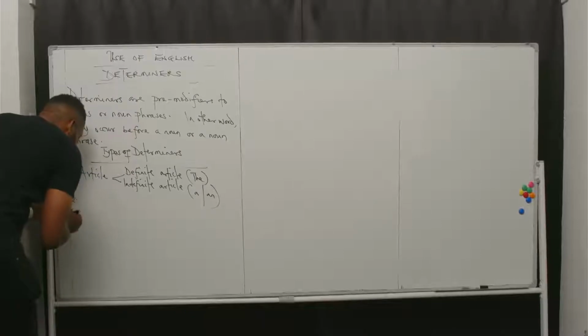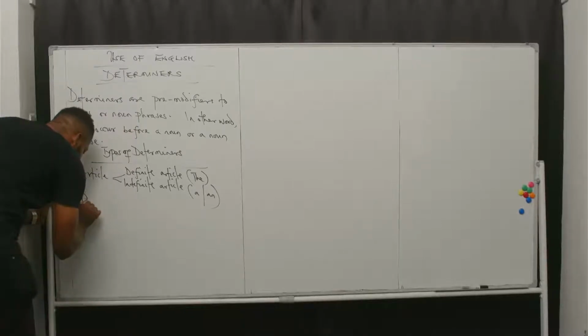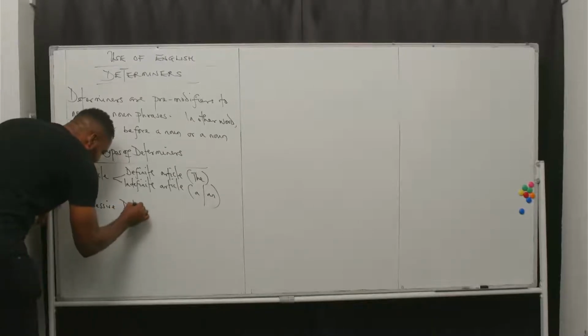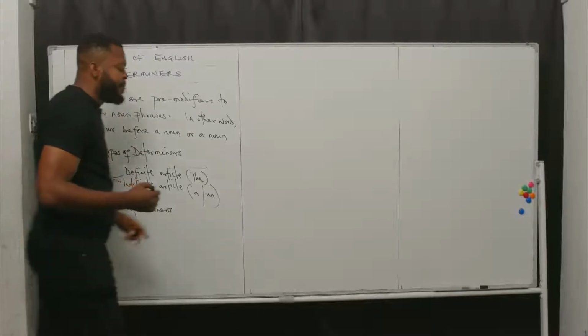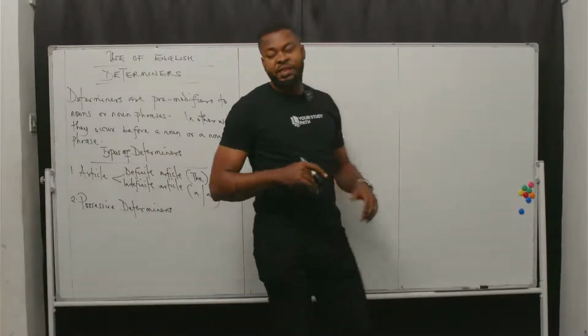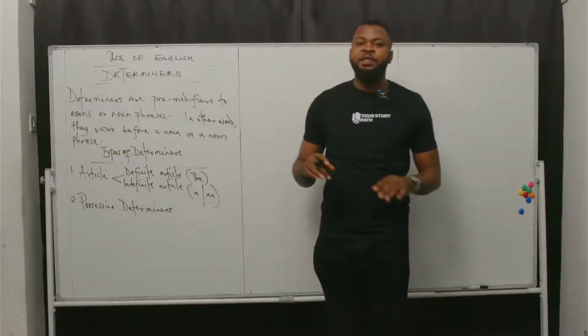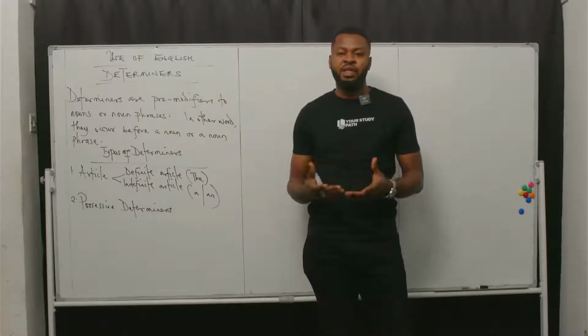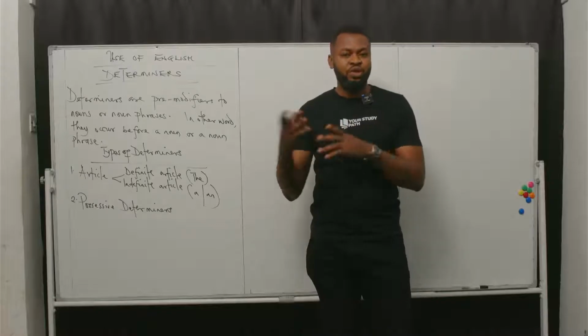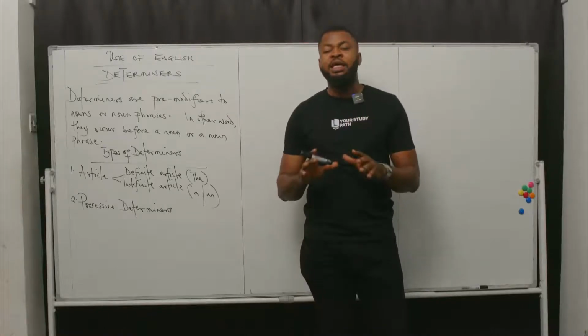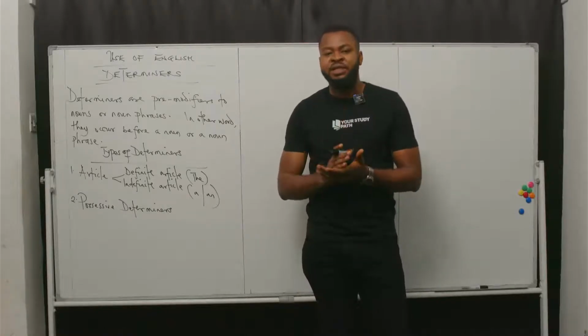Then 2, we have possessive determiners. Now, what do we refer to as possessive determiners? These are determiners that tend to indicate ownership of something, or that somebody owns something. I hope this is clear to you. You understand?